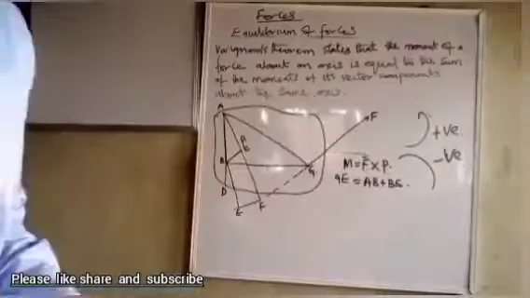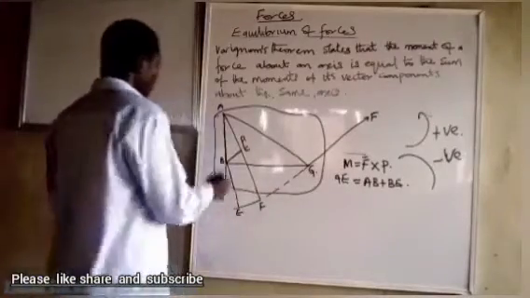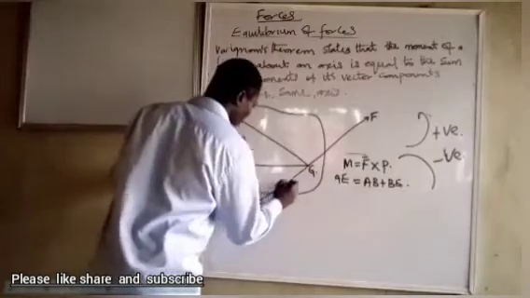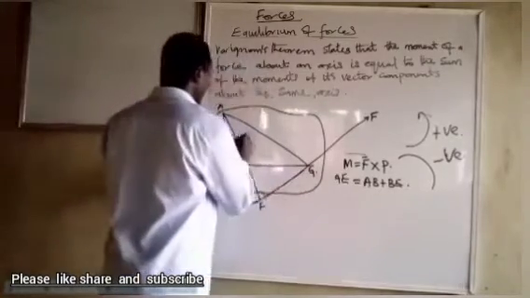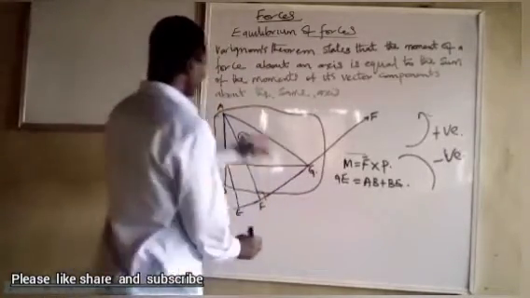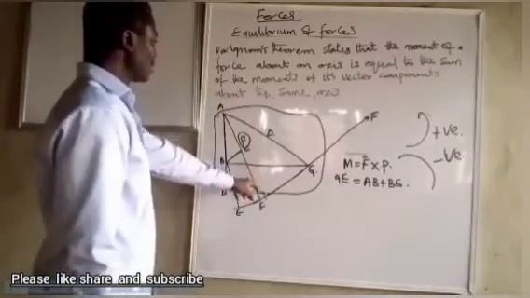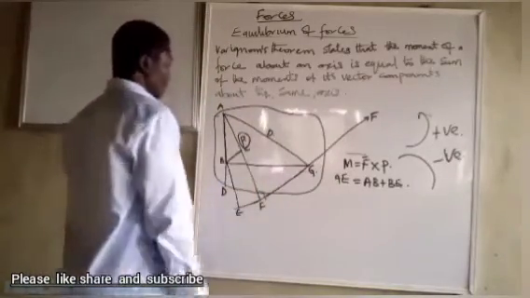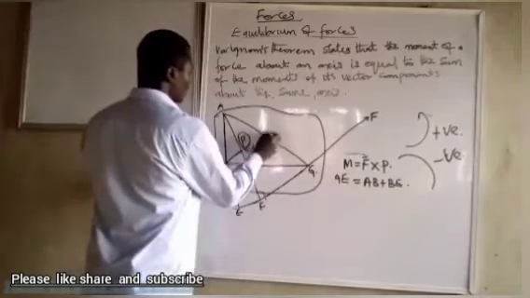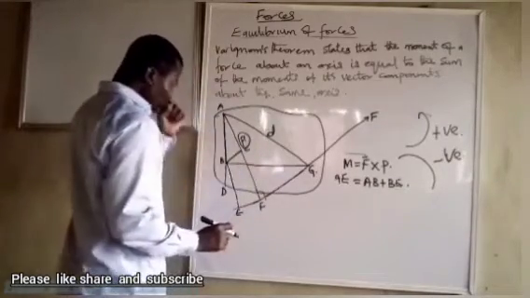Here. Now let's look at the diagram. This is the perpendicular distance to the line of action of F. I designated that as P. This place is D. And we've gotten P. Let me use small letters here. This one too is a small letter.